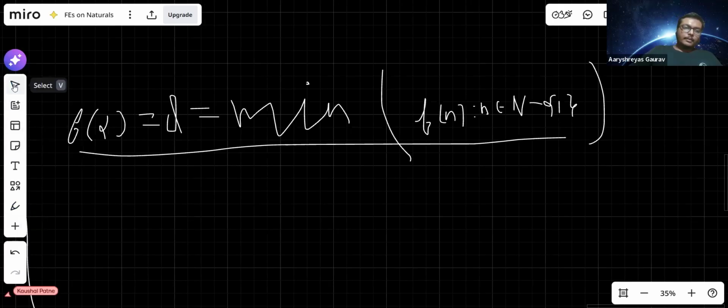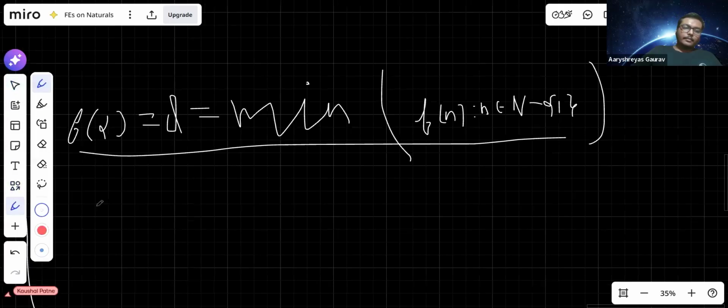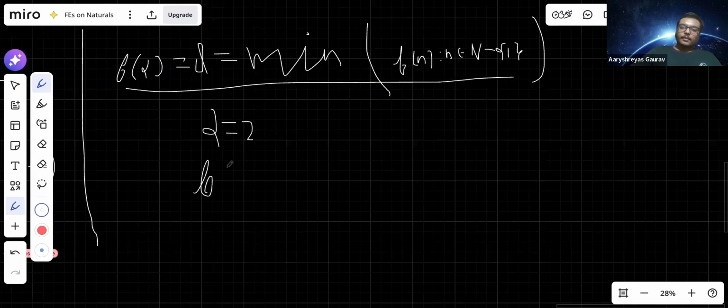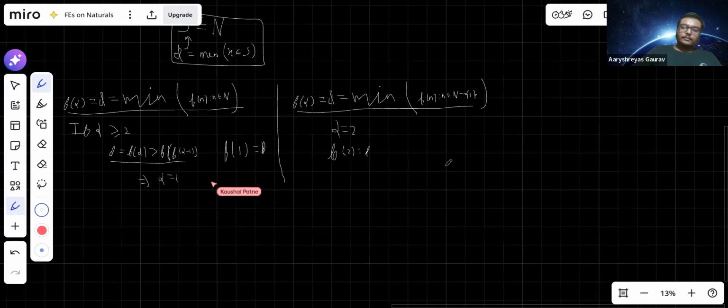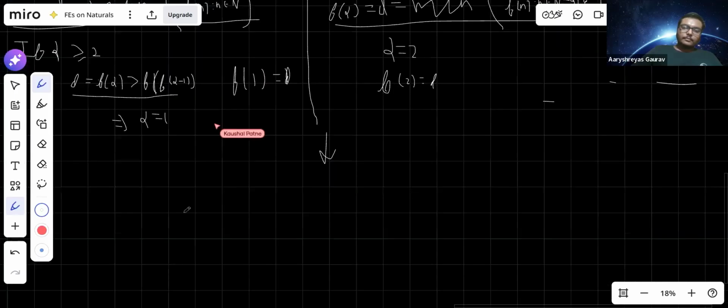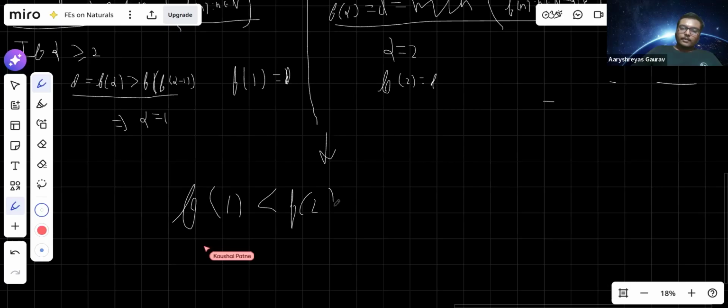The same argument will happen as the previous one, and we will end up with the minimum this time being where alpha is 2. F of 2 will be minimum in this case. And this thing can go on. And by this, we can say f of 1 is less than f of 2 is less than f of 3 and so on.